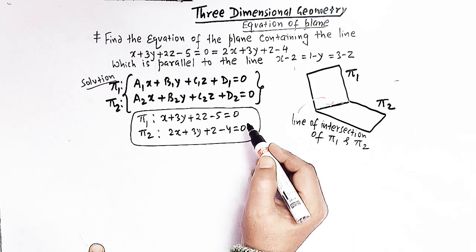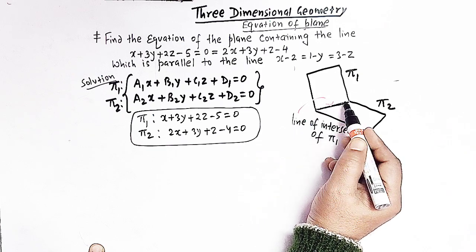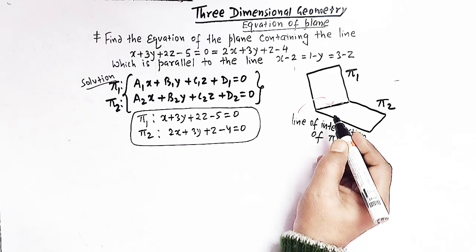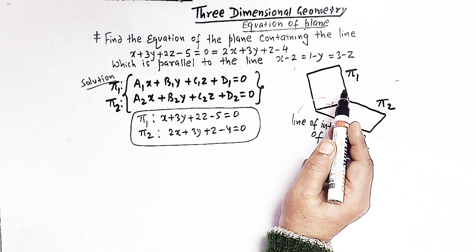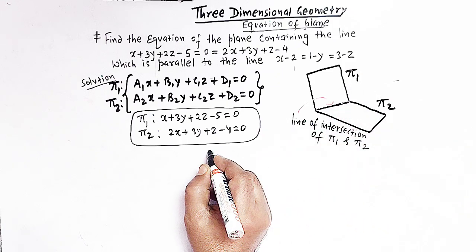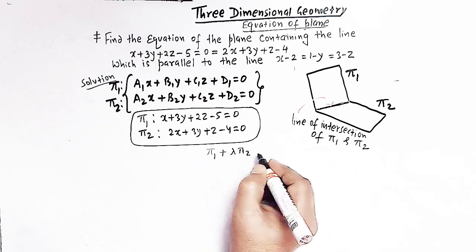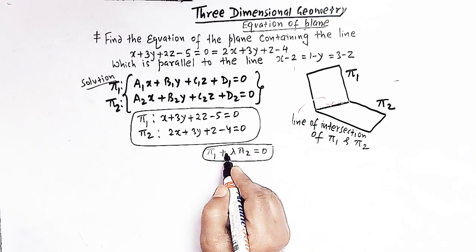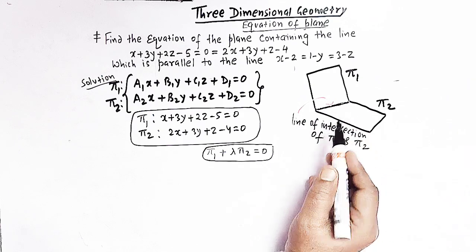So these two equations together represent a line. To get the equation of a plane which passes through the line of intersection of pi 1 and pi 2, we use this equation, that is pi 1 plus lambda pi 2 is equal to 0, right?